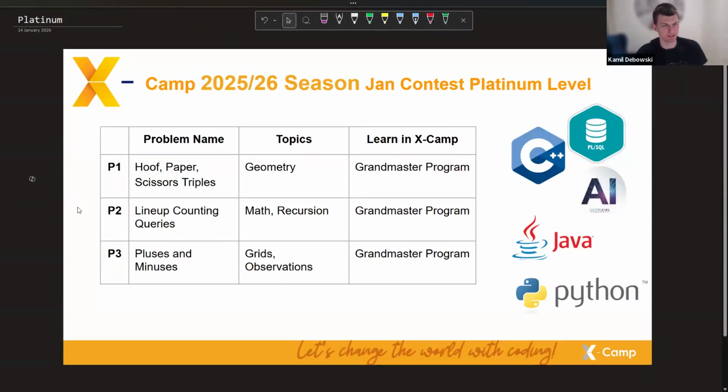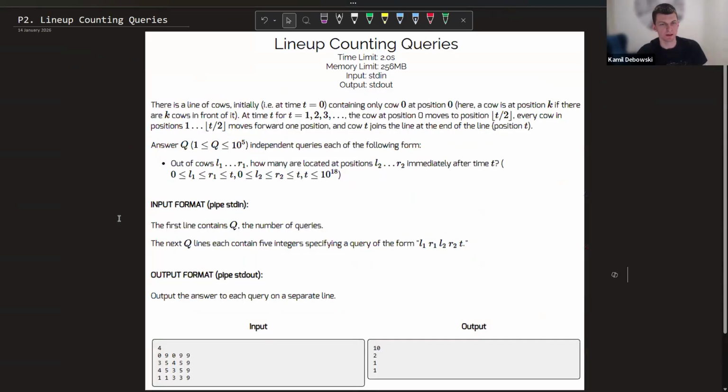Next will be a second problem, lineup counting queries. The same statement, but slightly different queries were also in bronze division. So if you didn't solve it, you can kind of say that you couldn't solve a bronze problem. Well, that one was a little bit easier.